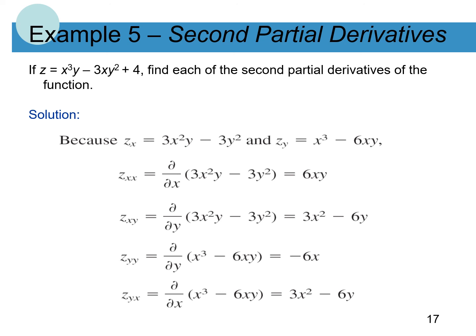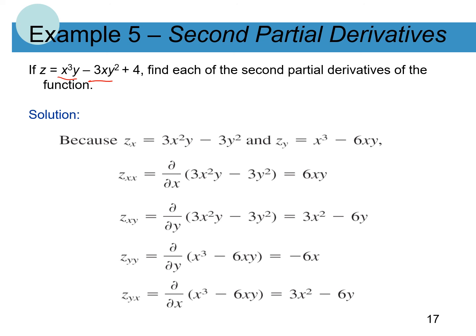Because we want to find zx, we have to look at the terms that have x. So we can derive with respect to x for the first term and also the second term. Therefore, the derivative zx is equal to 3x squared y, where y remains the same.